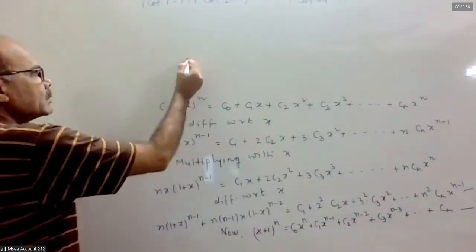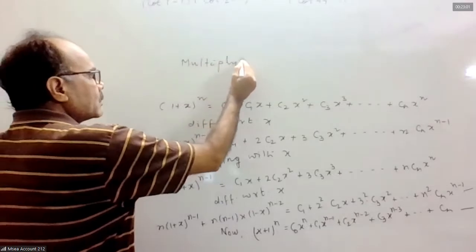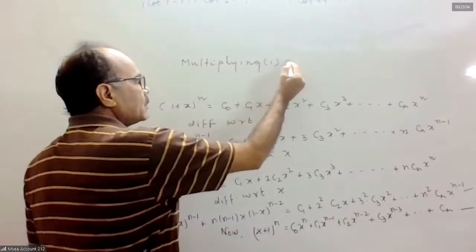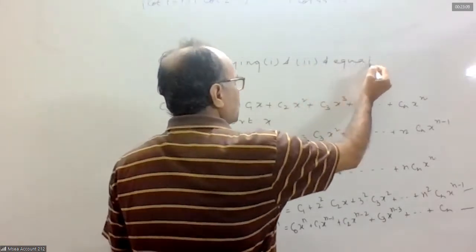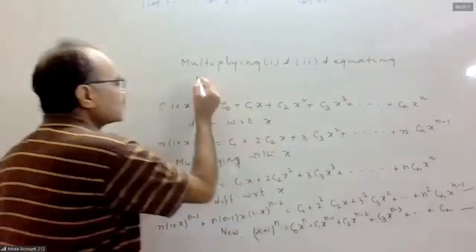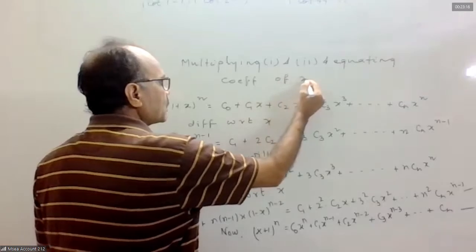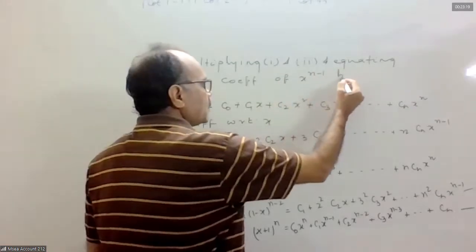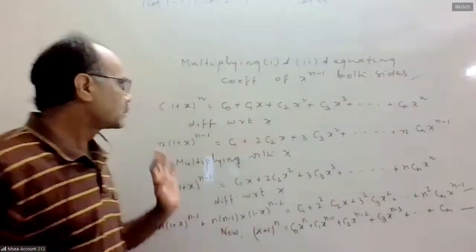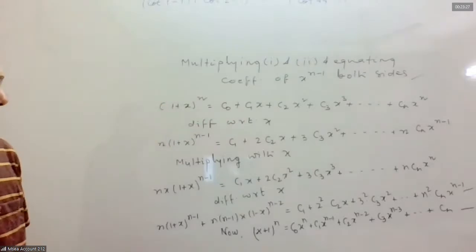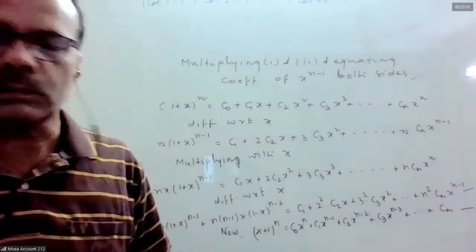So the RHS will give C1 square plus 2 square C2 square plus 3 square C3 square, and so on.